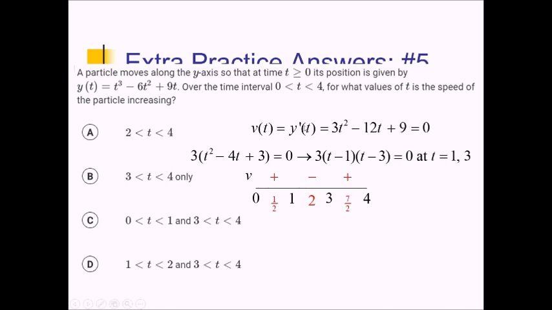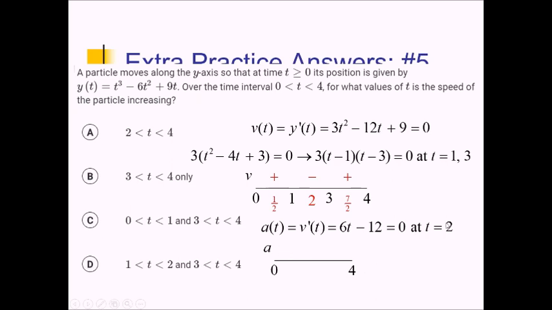All right, now let's do the acceleration sign analysis. For that, we need y double prime of t or v prime of t, however you want to think about that. That's going to be 6t minus 12. And setting that equal to 0, if you add 12 and divide by 6, the only critical value is going to be at time 2. So putting that on a number line, again, we have 0 and 4 as my endpoints, and this is the a of t number line now.